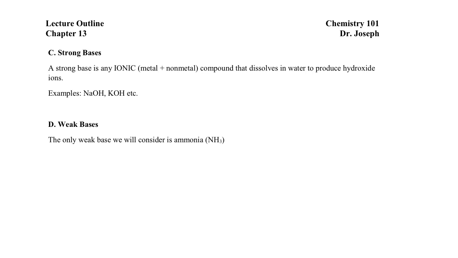That's something that can ionize. So it consists of a metal and a nonmetal. So it's any ionic compound that when it dissolves in water, hydroxide ion is produced. So that would be any metal hydroxide. So sodium hydroxide, potassium hydroxide, lithium hydroxide, really anything that is a metal and a hydroxide.